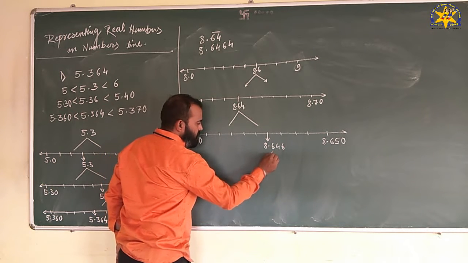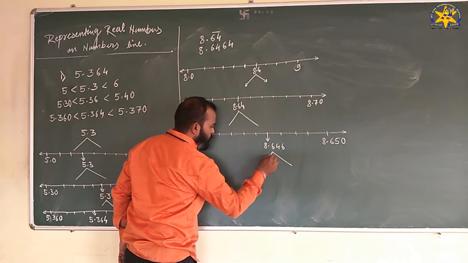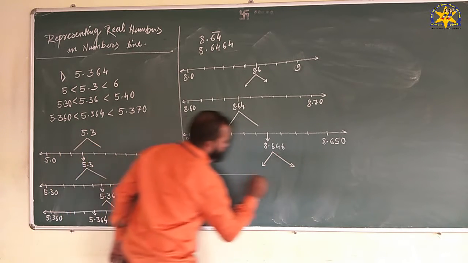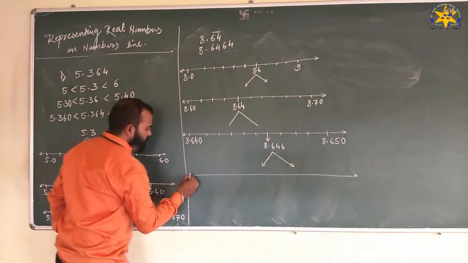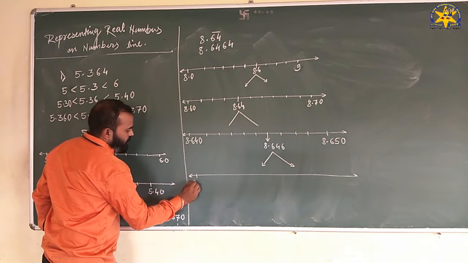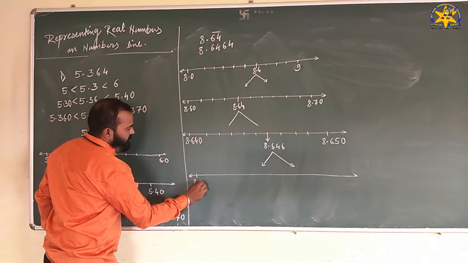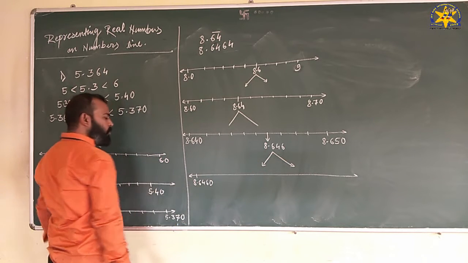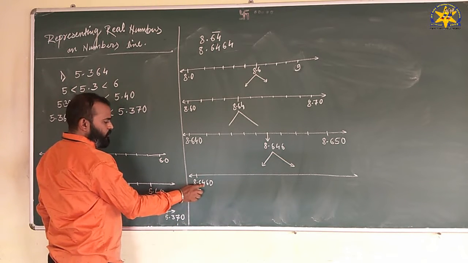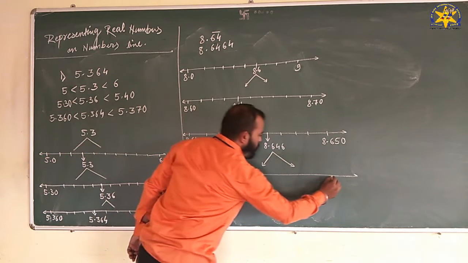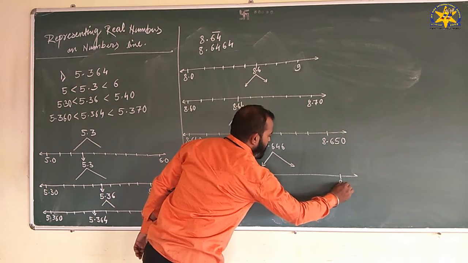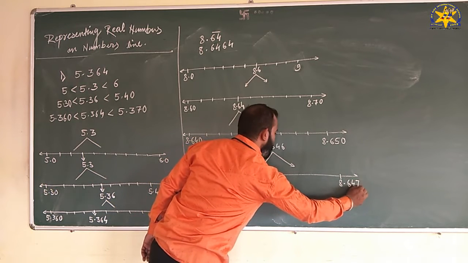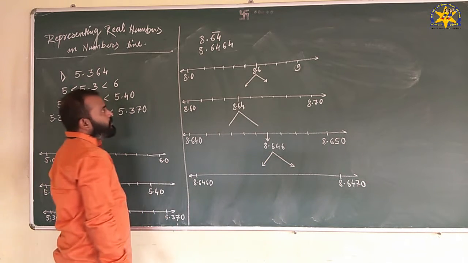We want 4 decimals. Again zooming these two, what will you get? It will be 8.6460 to 8.6470. Okay.